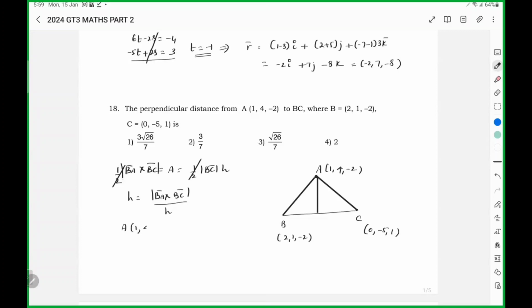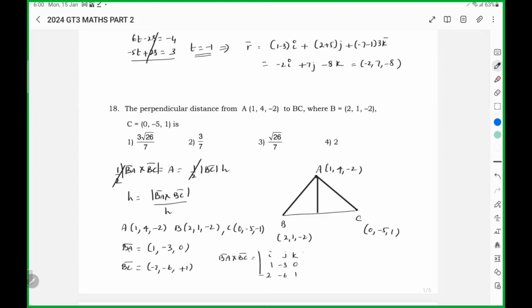So A here, B is (2, 1, minus 2). BA I can write as (1, minus 3, 0). BC, C here is (0, minus 5, 1), minus (2, 1, minus 2), which is (minus 2, minus 6, 1). So BA cross BC will be the determinant of i j k, 1 minus 3 0, minus 2 minus 6 1, which is i into 1 minus 0 minus 6.